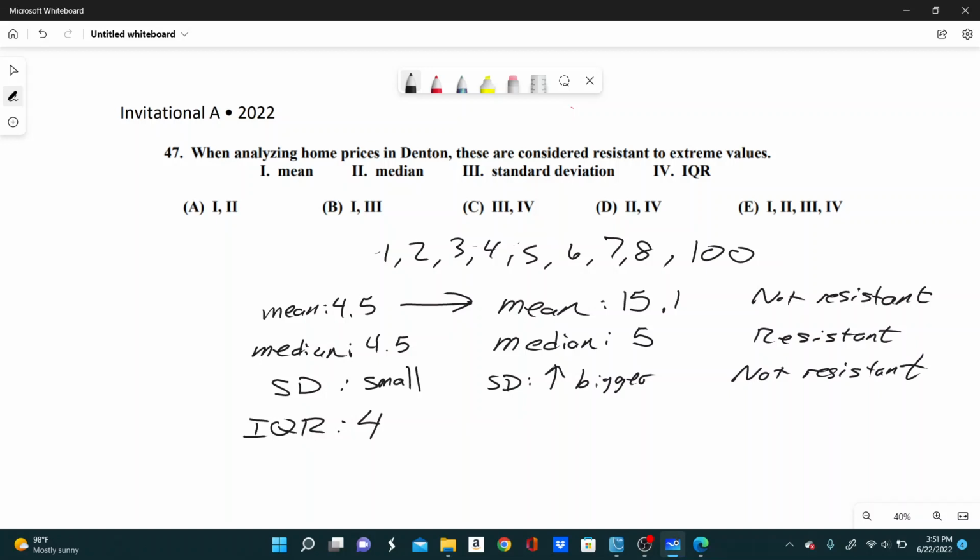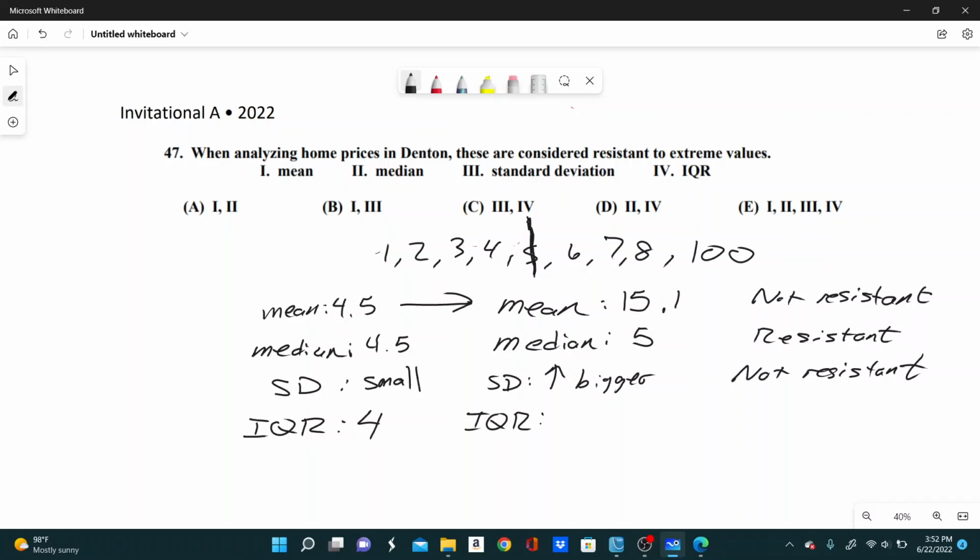And then finally for our IQR, if we divide this down the middle, we already have a true median. So when I divide it down the middle, I'm just not going to include 5. For the left-hand side, we have 1, 2, 3, 4.